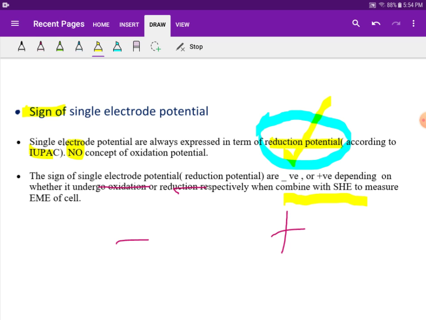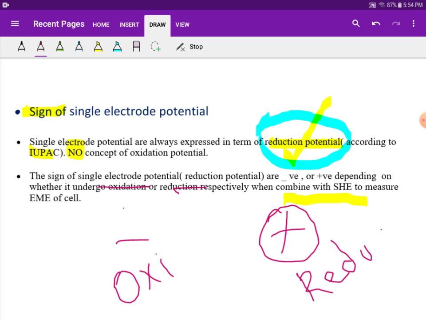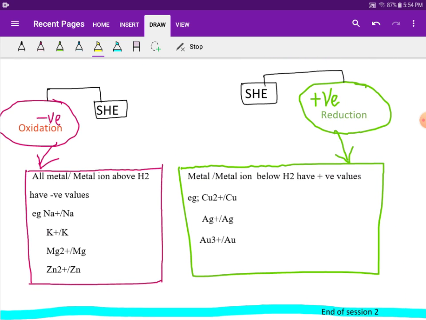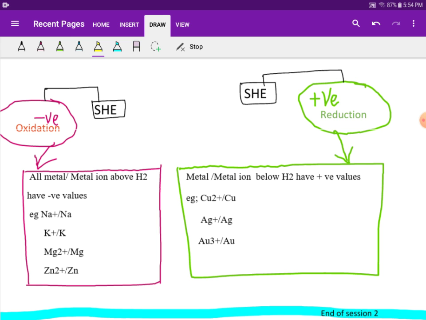That means the single electrode potential is negative if the metal undergoes oxidation when coupled with the SHE, and it is positive when the metal undergoes reduction when coupled with the SHE. So we look into which metal is undergoing oxidation and which is undergoing reduction.